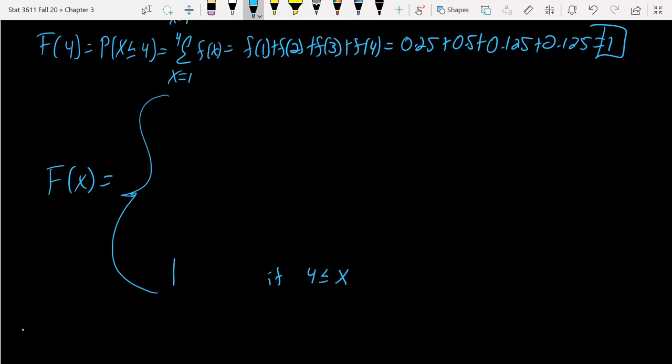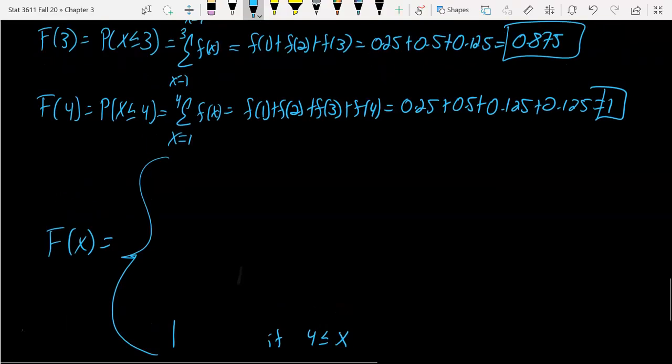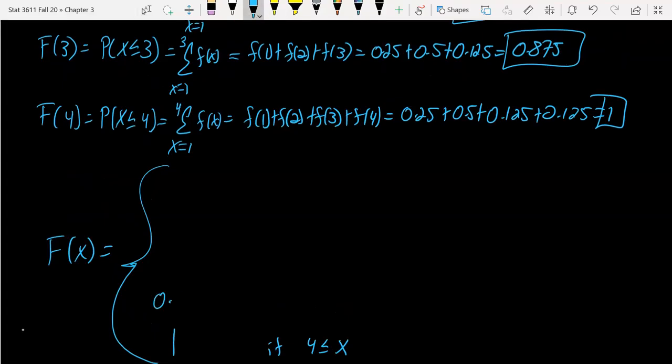Capital F of x is equal to 0.875 if, what is it equal to 0.875?